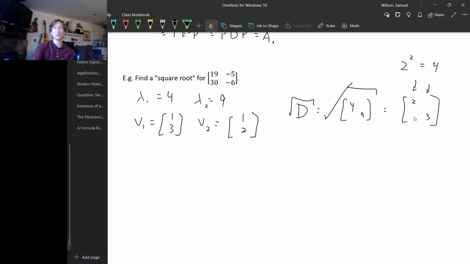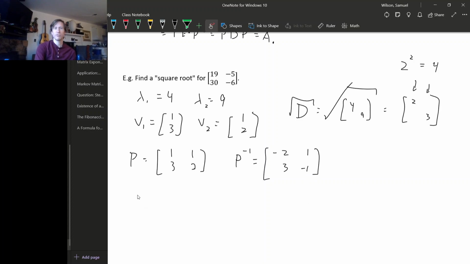It's possible that there are more, I should mention, but there are at least 4. Okay, so our matrix P in this case is going to be [1, 1; 3, 2]. P inverse is [-2, 1; 3, -1].